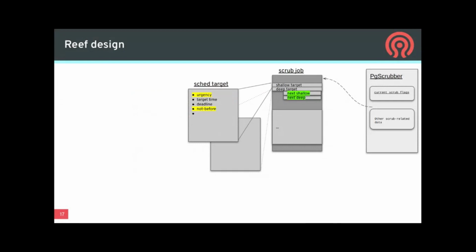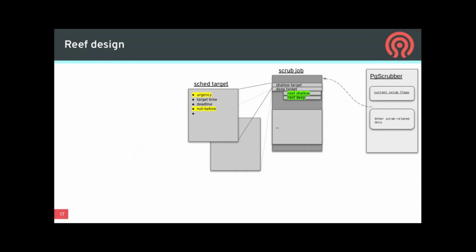And to allow this, we have some kind of double buffer, with the next shallow or next deep entries managed by the scrub job. Most of the code is not aware of this. Most of the code just asks, give me the shallow target that is modifiable, and will usually get back the main shallow target.